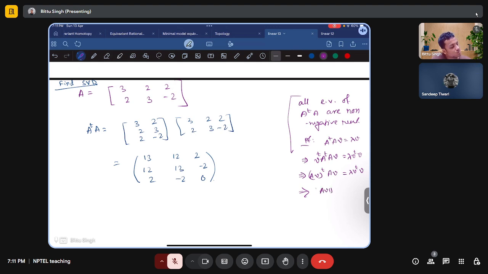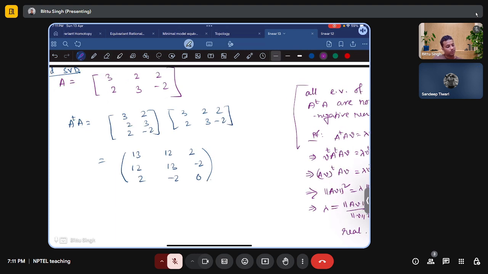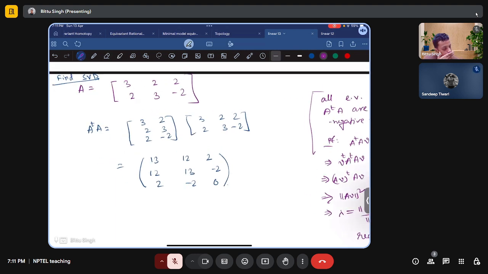So the left side is norm of AV squared, the right is lambda times norm V squared. Therefore lambda is norm AV squared by norm V squared, and norm V squared is non-zero. So it is always real and greater than or equal to 0, because a norm is always non-negative. This is an important and interesting observation.